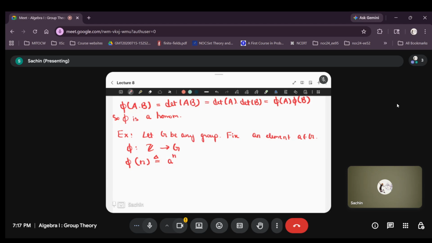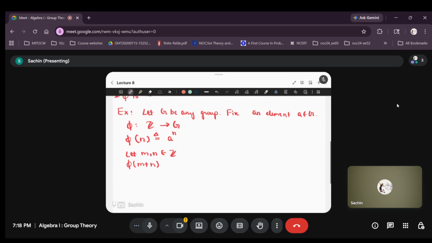So is this a homomorphism? So this is a homomorphism.